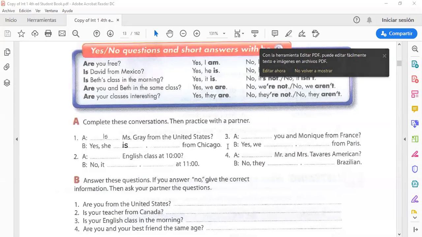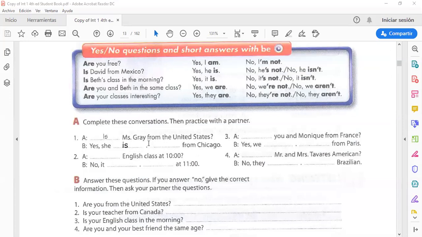And here, from Chicago. In this part, remember this is a different sentence, okay? We got two separated sentences here. We got one here, we got one there.